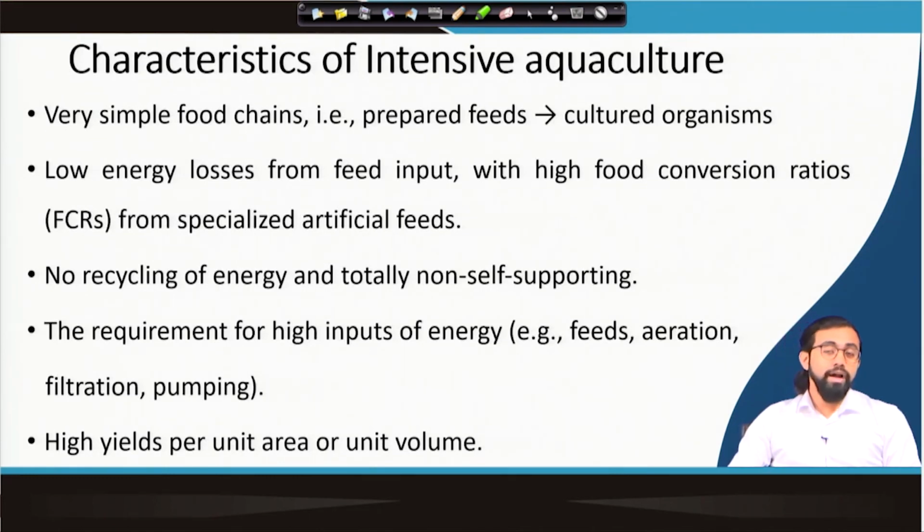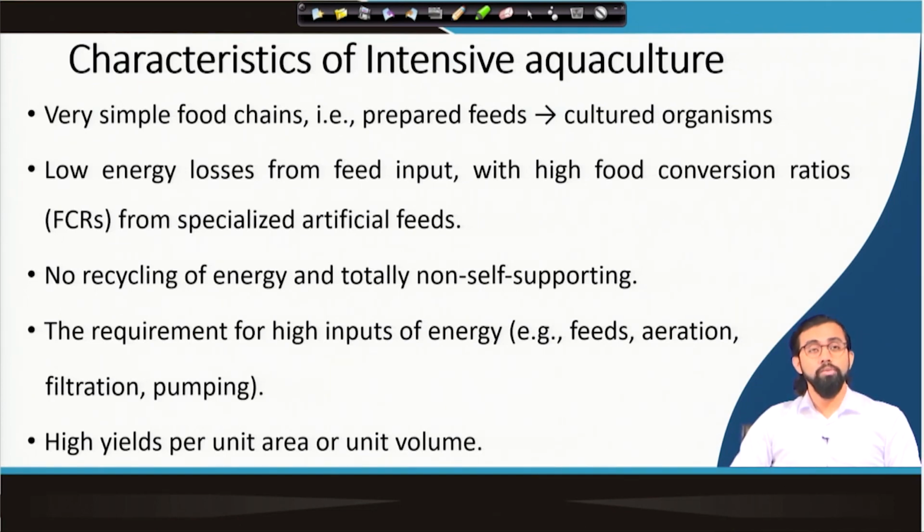As I discussed, the very basic characteristic of intensive aquaculture is that it has a very simple food chain. Just prepare food, supply it, and your organism will survive. Otherwise, they don't have any other source of food in your system, because your stocking density is very high.